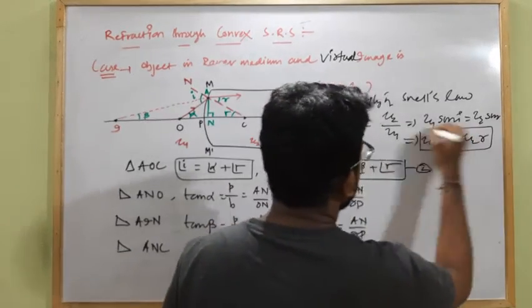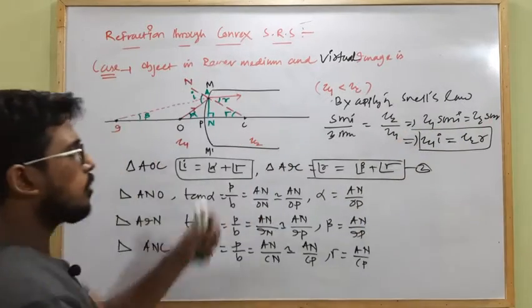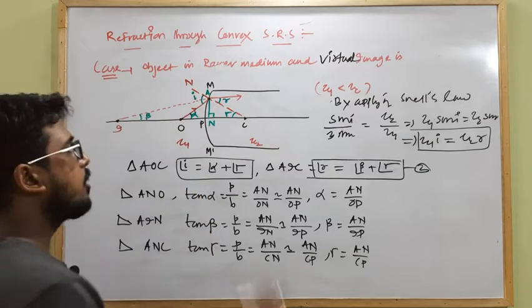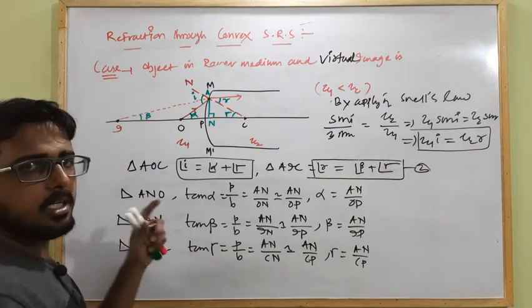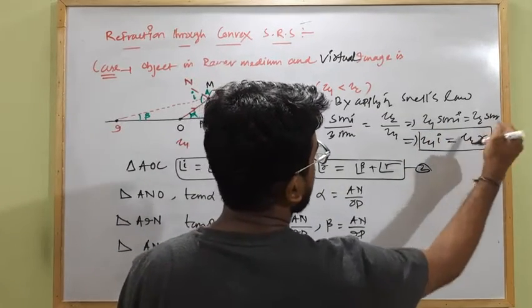Clear? Applying Snell's law, I can write mu1 sin I equal to mu2 sin r, but the condition is all the angles are very small and the aperture is small, because all rays are considered as paraxial rays. So sin I can be replaced by only I and sin r by r.